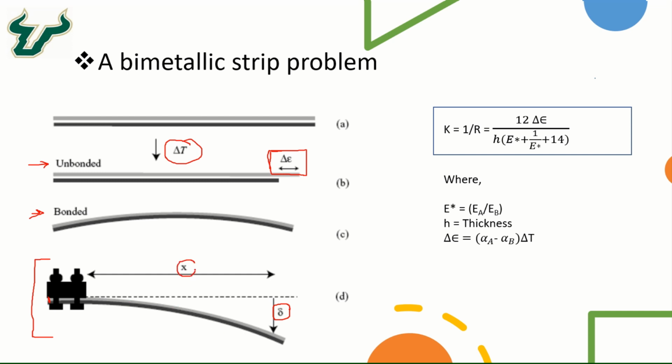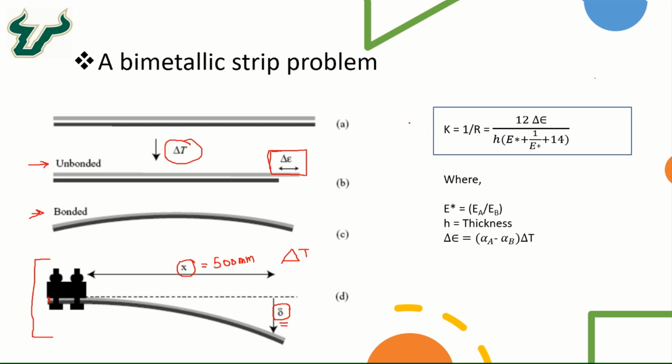Let's say the overall span is x units, and in our problem we have considered this as 500 millimeters. Once we have the temperature effect, also called the thermal load, there is a deflection in the strip, and this deflection is given in the amount of delta.